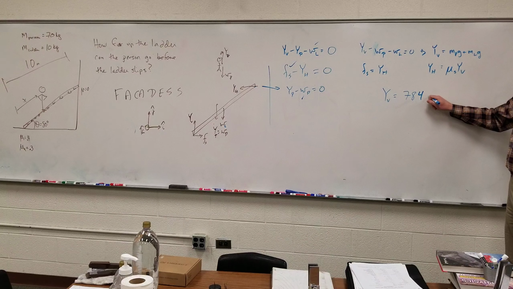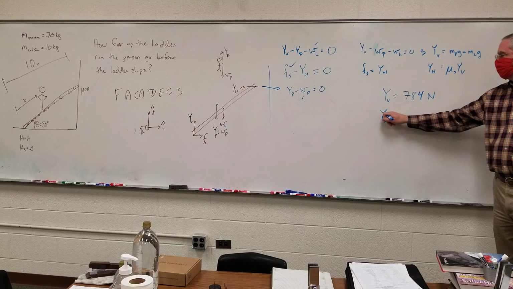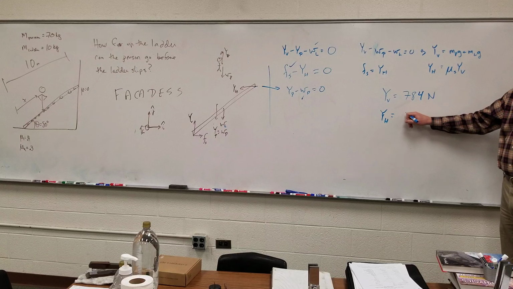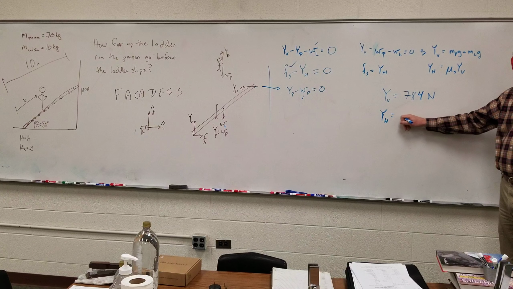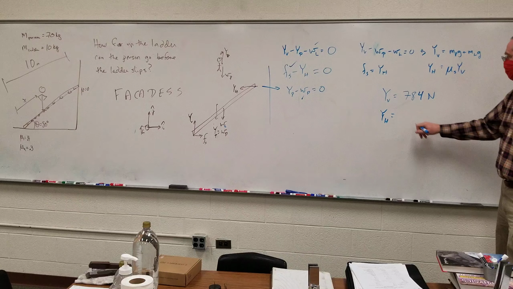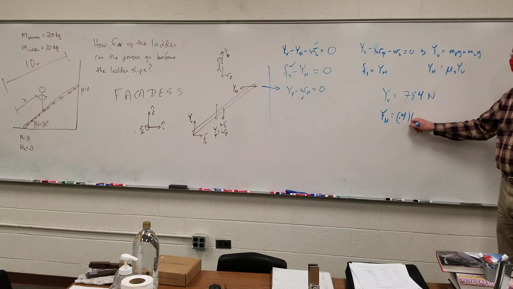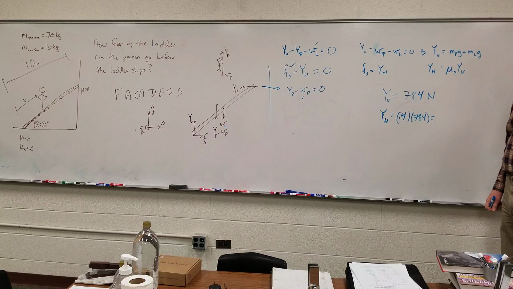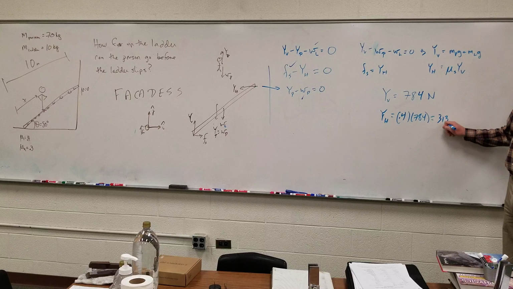Units? Newtons. And so Y sub H, the horizontal normal force pushing the ladder to the left, would be 0.4 times 784, which is 313.6 newtons.